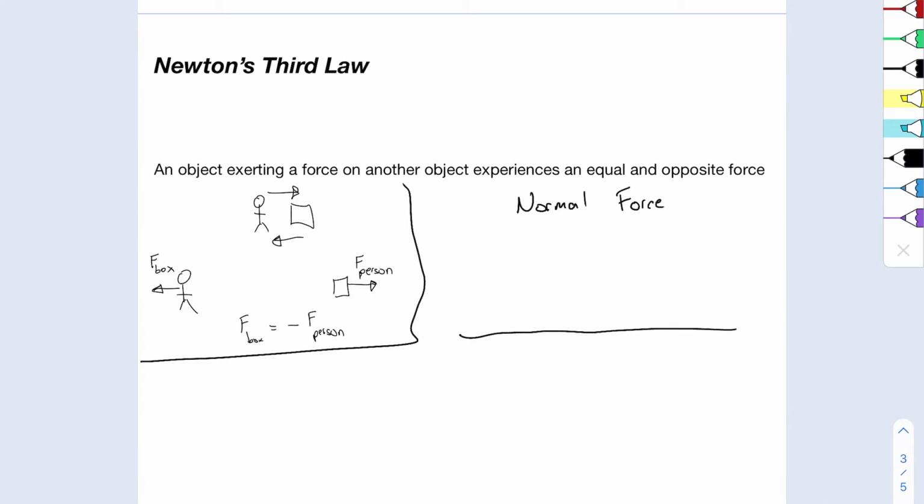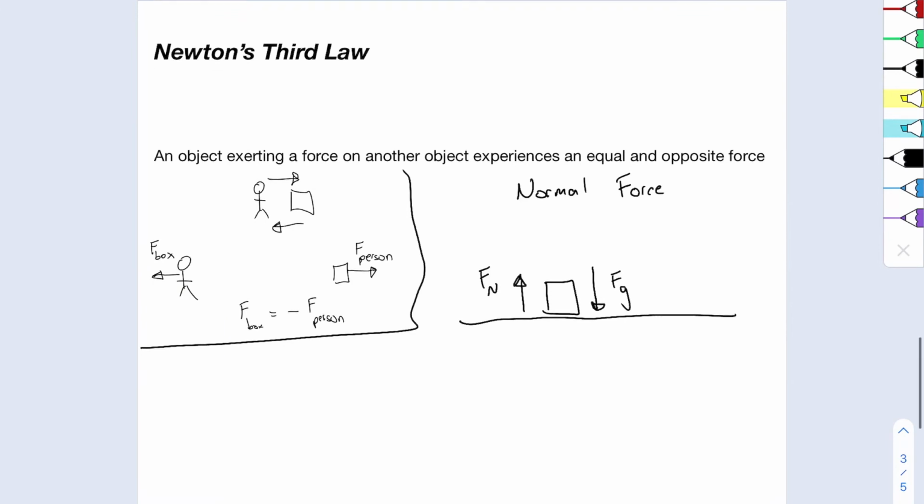So if we have a floor right here and then a little box resting on the floor, the box pushes down on the floor with some force of gravity, Fg, and the third law pair to this force of gravity is the normal force, which goes straight up perpendicular to the floor, and this is exerted on the box so that the box doesn't just fall through the floor.